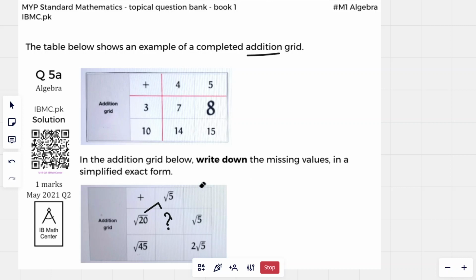Let's try and add square root 20 and square root 5. The key is to write down 20 as a multiple of 5. Why? Just wait and see. So we know that 20 can be written as 4 times 5.